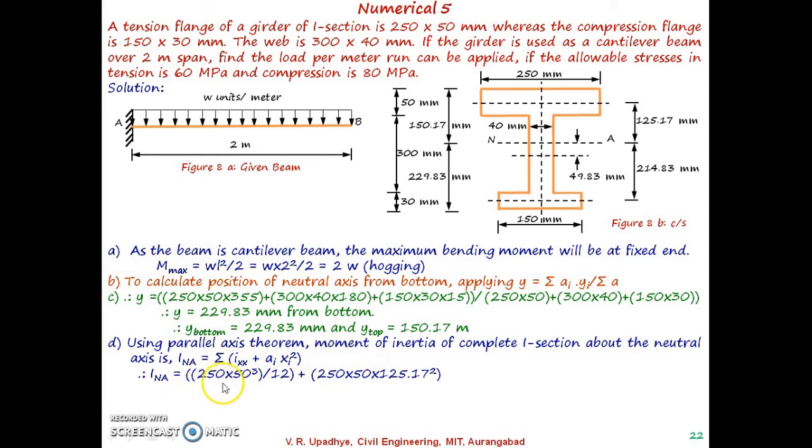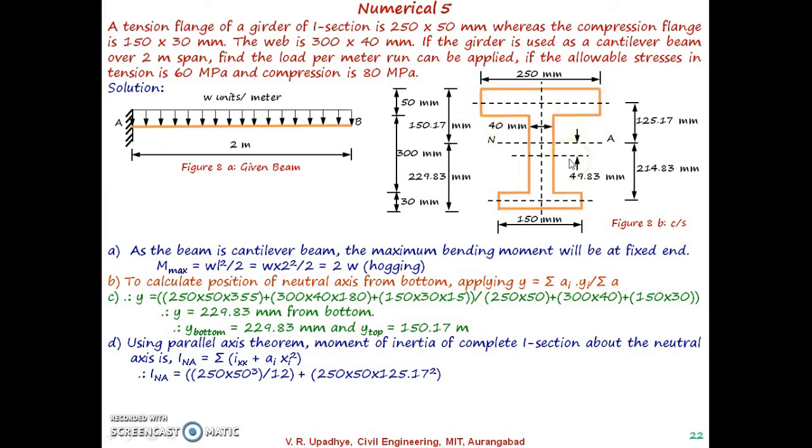For the top flange, it is 250 into 50 cube divided by 12, so B is 250 and D is 50, plus area 250 into 50, plus the distance between the two parallel axes, which is 125.17 millimeter, so 125.17 square. That is the moment of inertia of the top flange about the neutral axis.